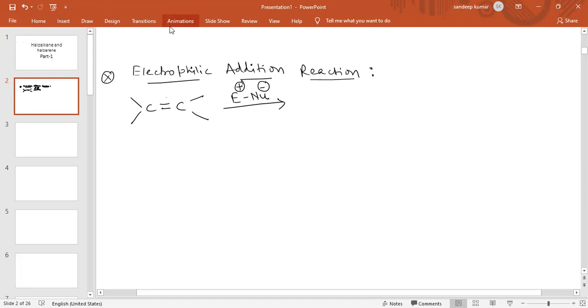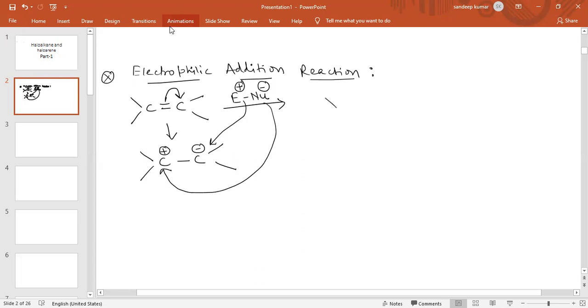If this pi bond breaks, positive charge comes on this carbon atom and negative charge on this carbon atom. So the electrophile will attack on this carbon atom and the nucleophile will attack on this carbon atom. The product obtained will be like this: nucleophile on this carbon atom and electrophile on this carbon atom.